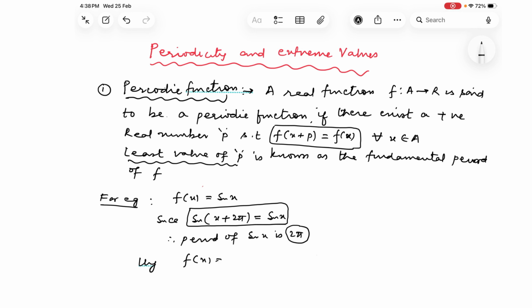Similarly, if f(x) is equal to cos x, since cos of x plus 2 pi is also equal to cos x, therefore the period of cos x is 2 pi.